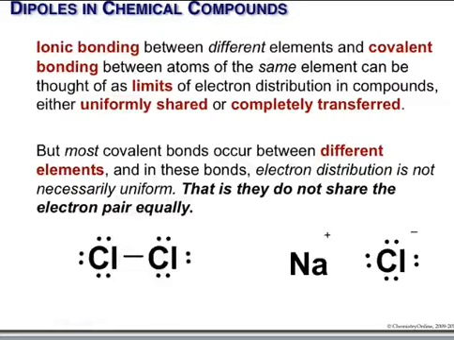We said that in a molecular compound, like CO2, we share electrons. In an ionic compound, we transfer the electron totally from one element to the other. These actually represent limits, however, of real bonding.